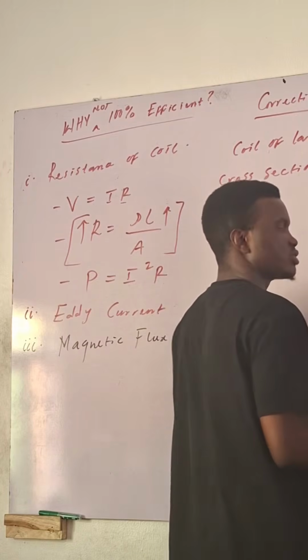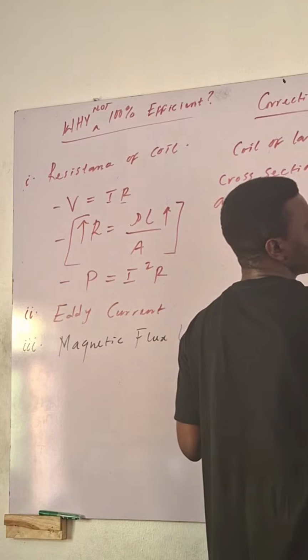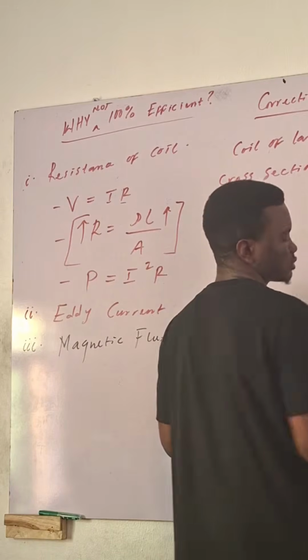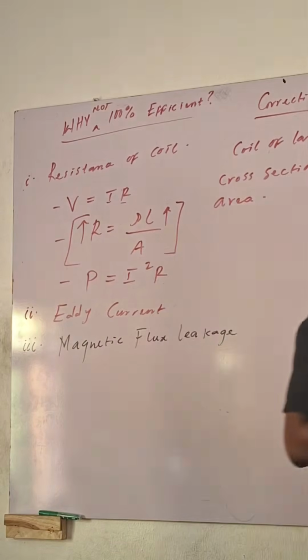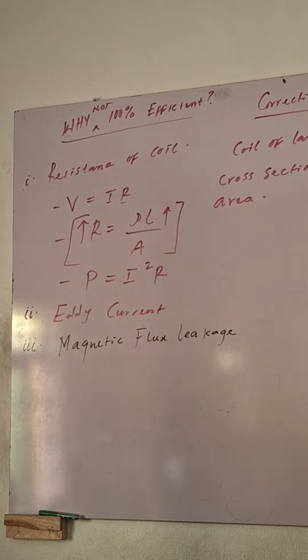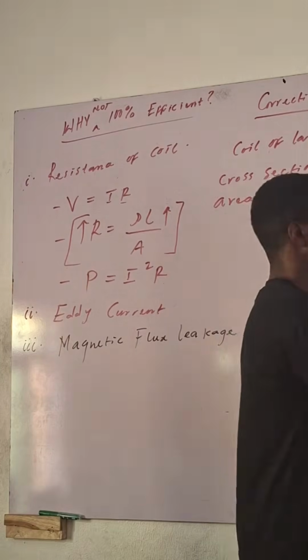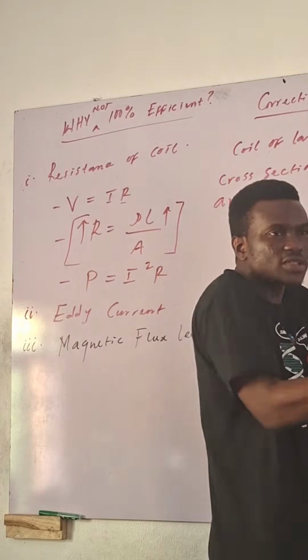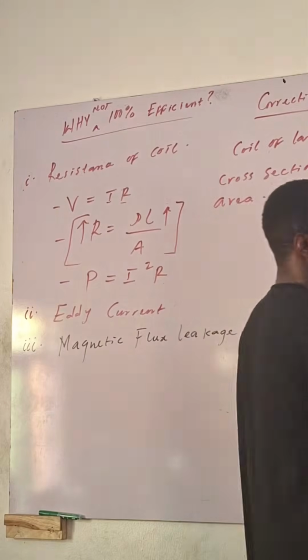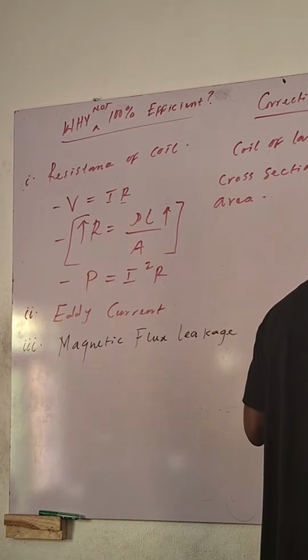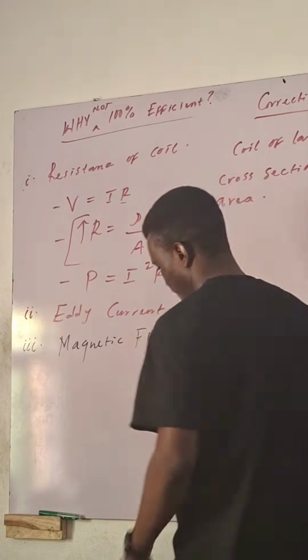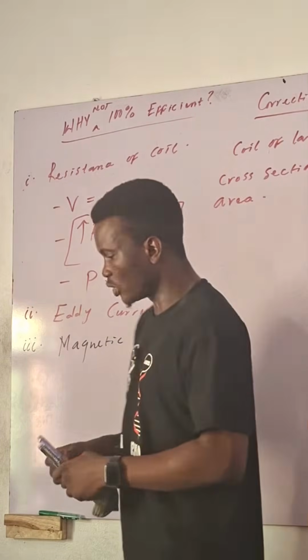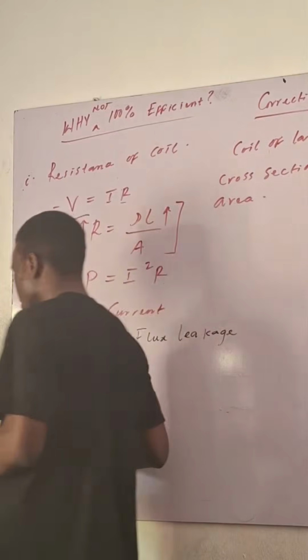Something like that is simply what we call the leakage. In order to prevent magnetic flux leakage, we use a soft iron core. That's why we are using this iron, so that it can concentrate the magnetic field. The last one is what we call hysteresis loss.